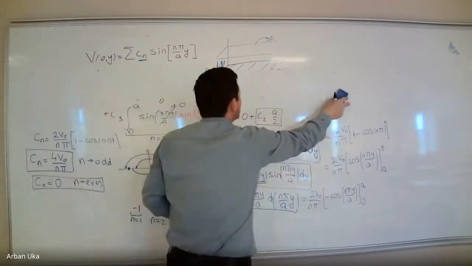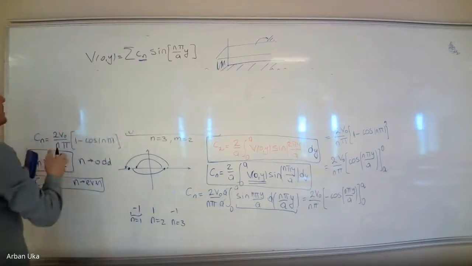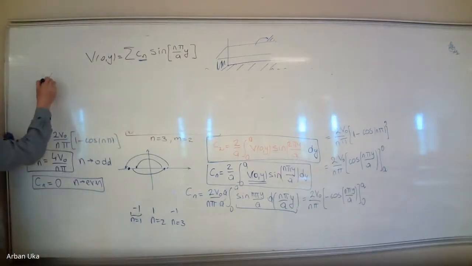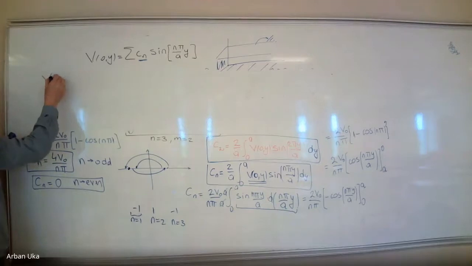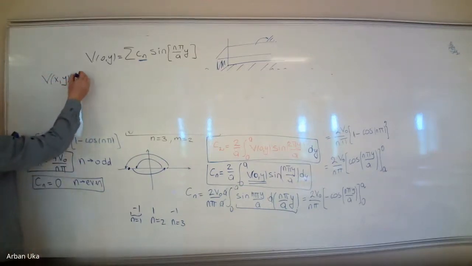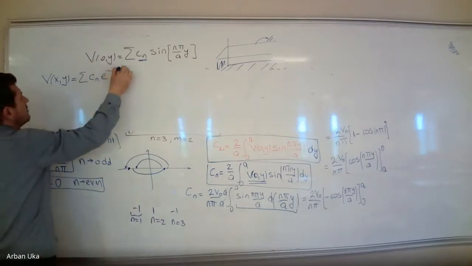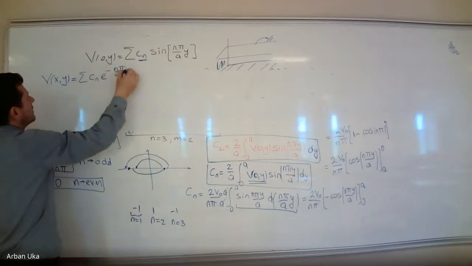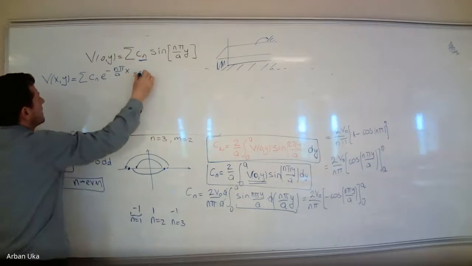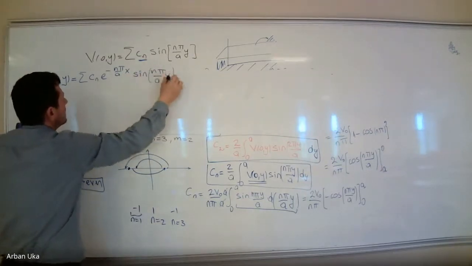It's good for you if you work this one out at least once in your notebooks. But finally, the potential as a function of x and y would be equal to, so this was Cn e to the power minus n pi over a x sine n pi over a y.